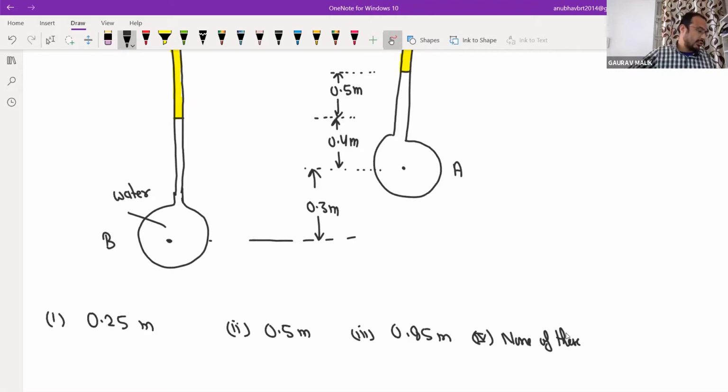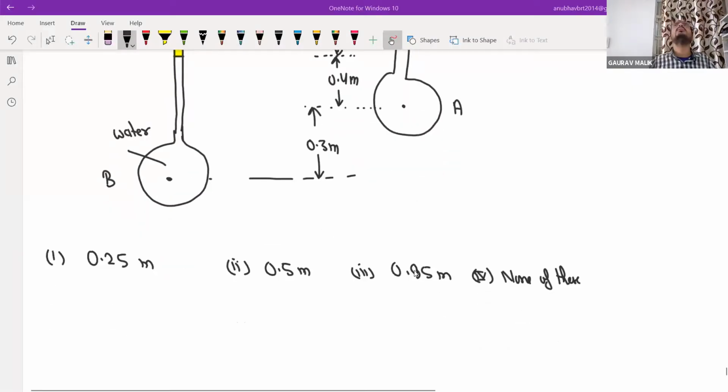What is the right answer of this question? Solve fast. Last 1 minute.